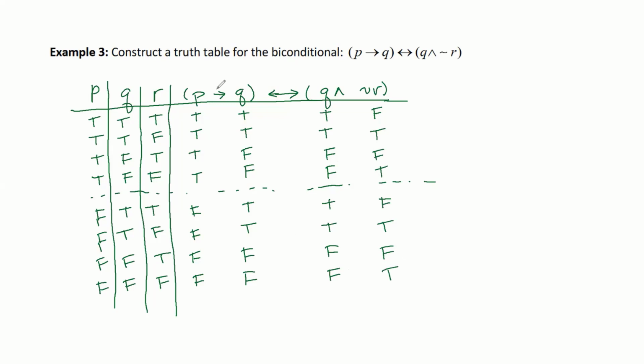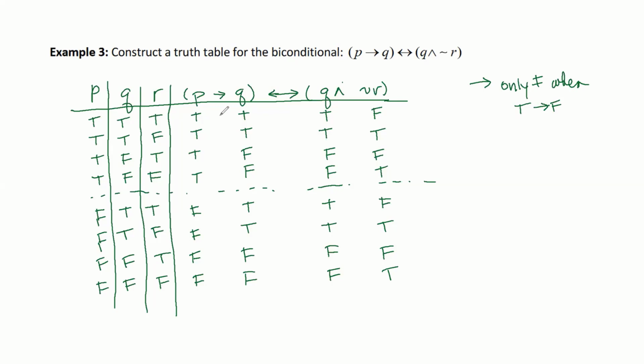We have an if-then inside of parentheses, the if and only if outside, and the and inside the parentheses. So we need to do both of the parentheses first. I'll just start on the left. So if-then, and we remember if-then is only false when true implies false.